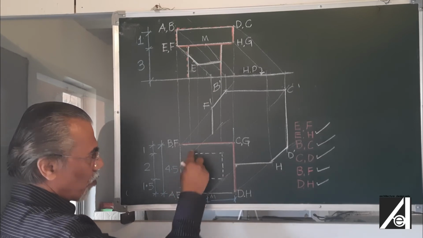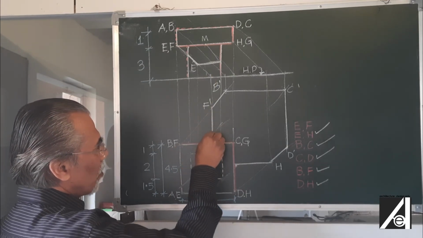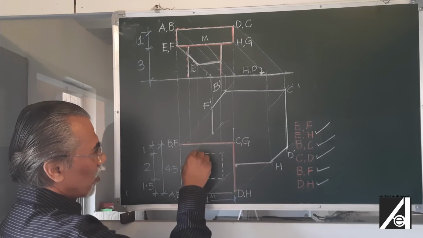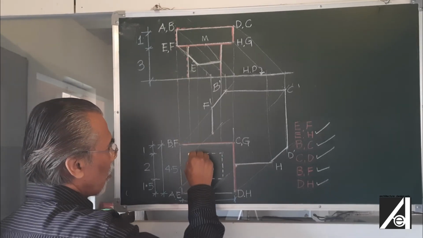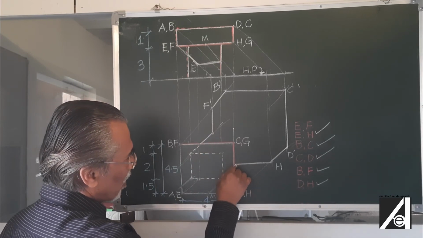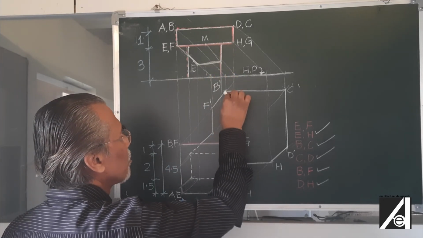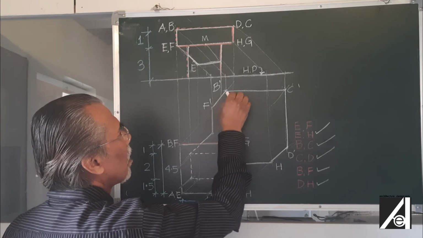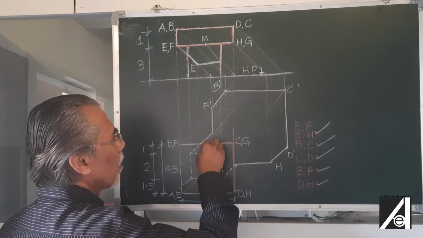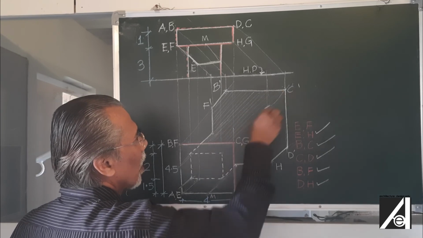This part of the shadow is here, which we don't see in this elevation, and this part is on the ground, which we see here. And then from this point we will have the shadow of this vertical edge. So that is like this. Similarly here, this will be the shadow of this vertical edge. So this is how we get the shadow on the ground.